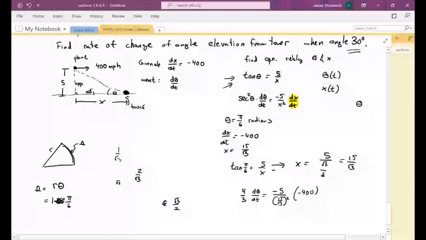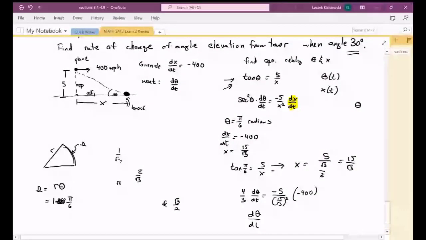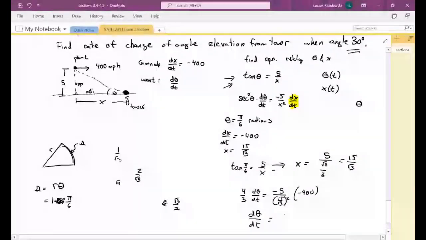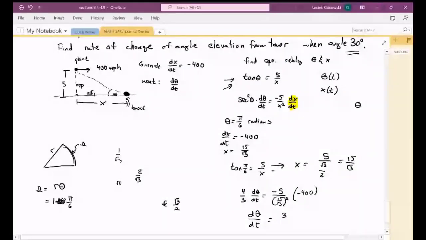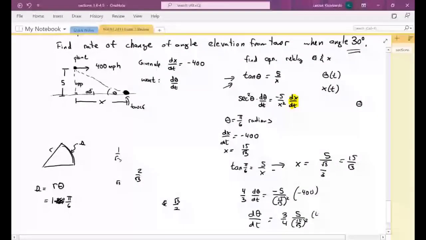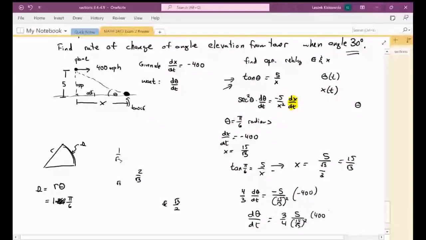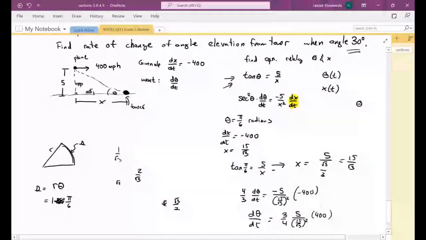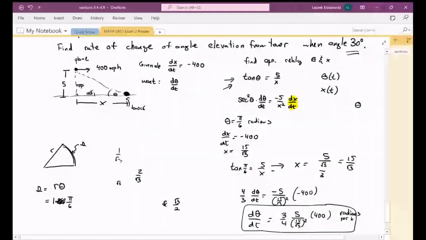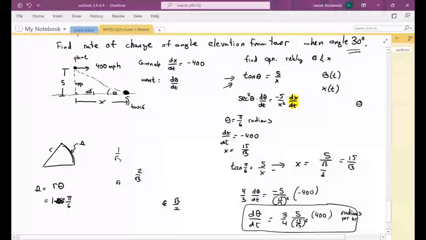So indeed, d theta dt is whatever this number is, but it's positive. I'm not going to bother computing this. It looks nice, though. And that would be in radians per hour. Here the rates were in hours, so per hour.